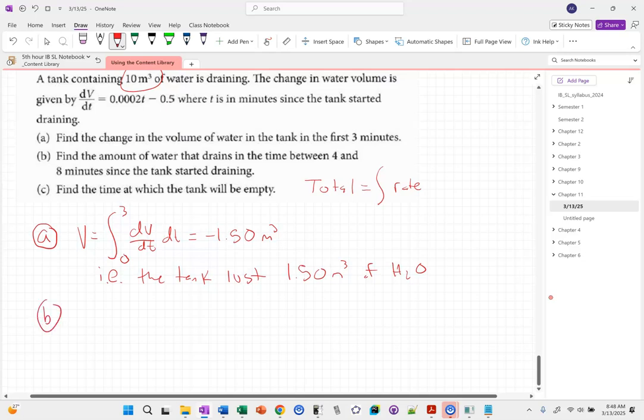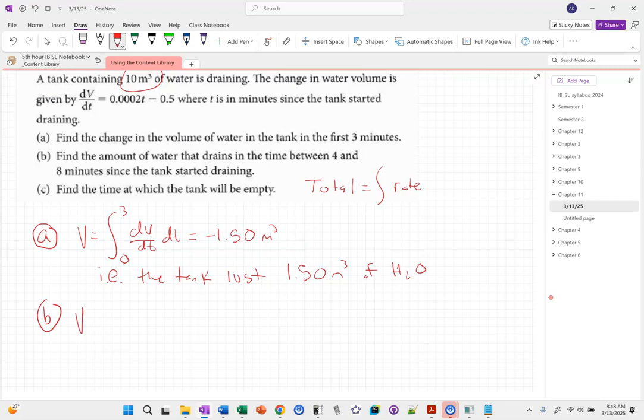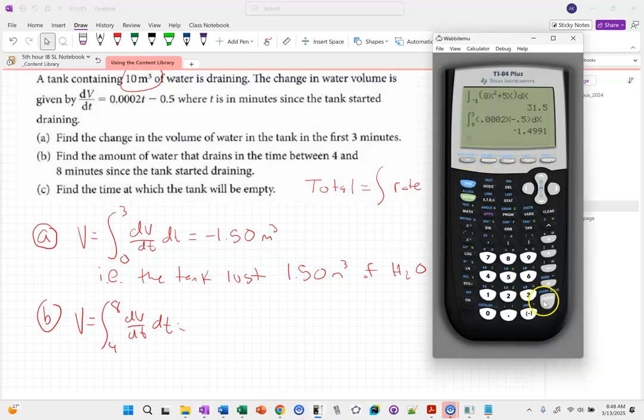Find the amount of water that drains in the time between 4 and 8 minutes. Okay, well, same idea. We'll just do that.